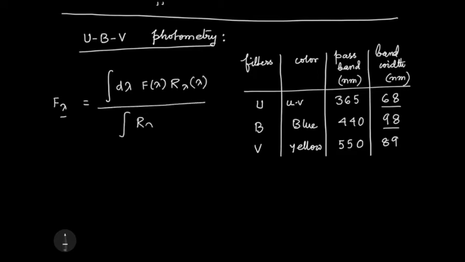It basically tells you at different wavelengths how much is the transmission through the filter. So if R is more, you get that wavelength light more. That's all. Okay, and we can define m lambda, which is the magnitude at that filter, as log 10 f lambda plus c lambda.